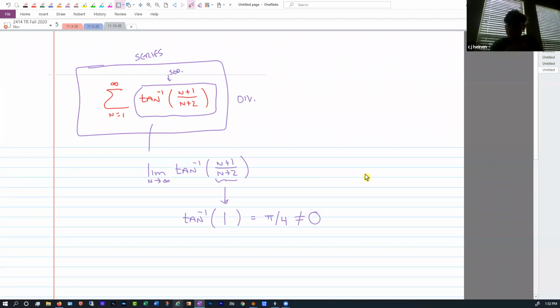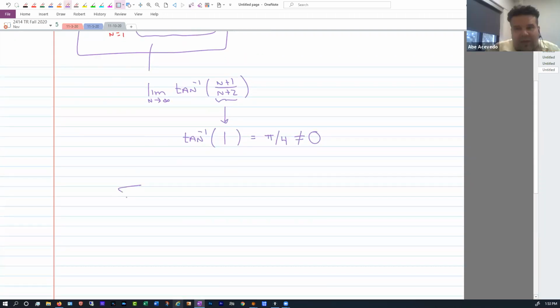Well, that's a great question, because the theorem says that if you don't go to 0, you diverge. So what if the limit does not exist? Right, like this. It is not 0.